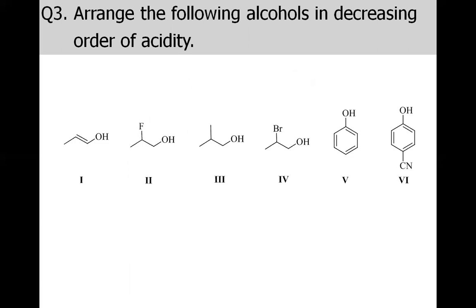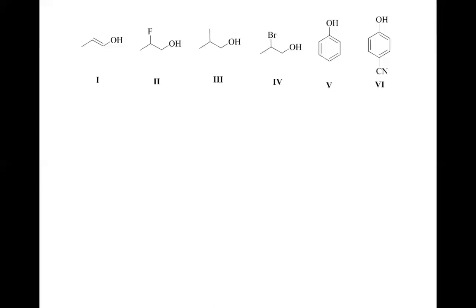Now let us discuss question number 3. It simply asks to arrange these 6 alcohols in decreasing order of acidity. Before solving this question, let us safely eliminate the molecules which are not alcohols. For compound 1, we could simply see that this hydroxy is connected to an sp2 hybridized carbon, so compound 1 is not an alcohol.